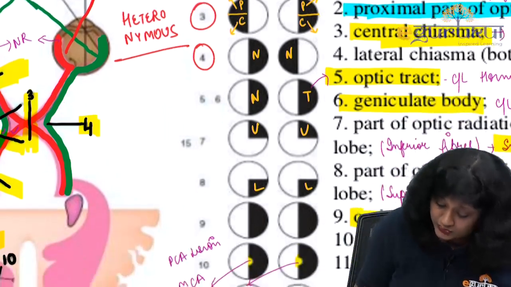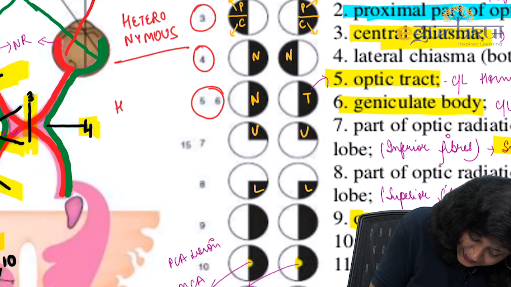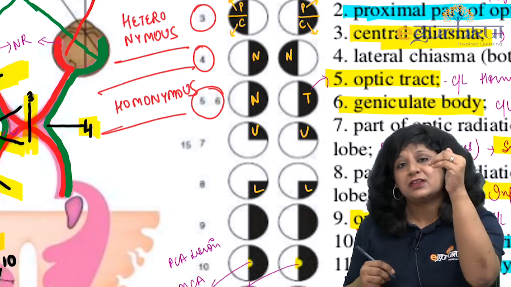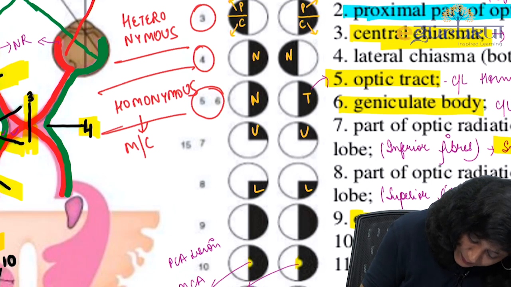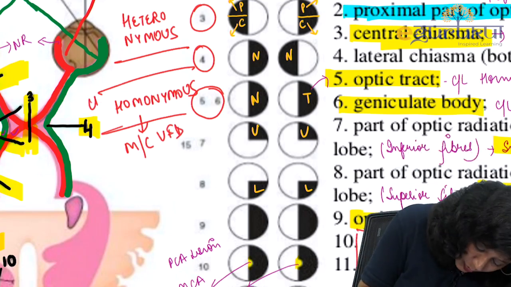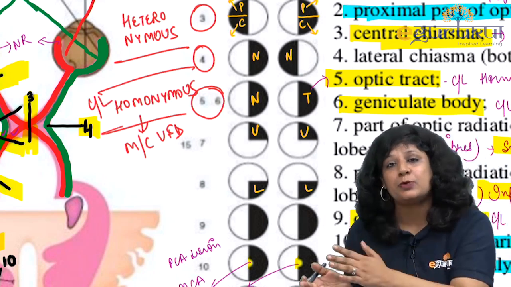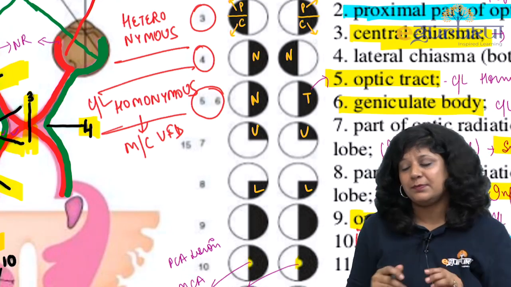But as you reach the optic tract, we start getting the homonymous hemianopias. After the level of the optic tract, it is homonymous till the visual cortex, which is why this is the most common visual field defect. And the third thing is that it is contralateral, because if it's a right-sided lesion, I'll get left-sided homonymous hemianopia and vice versa. So that is very, very important.